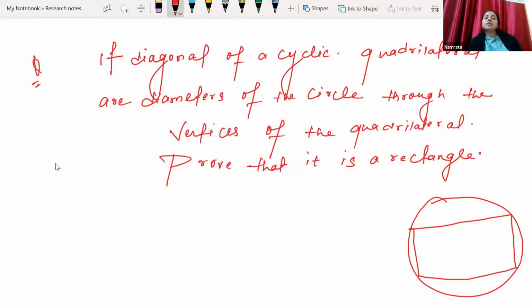And if the diagonals of this cyclic quadrilateral are diameters of the circle, here is a center O and the diagonal is passing through the center like this, and hence both are diameters, through the vertices of the quadrilateral, prove that it's a rectangle. We have to prove that this ABCD is a rectangle.